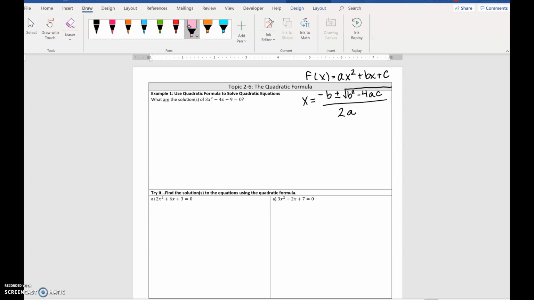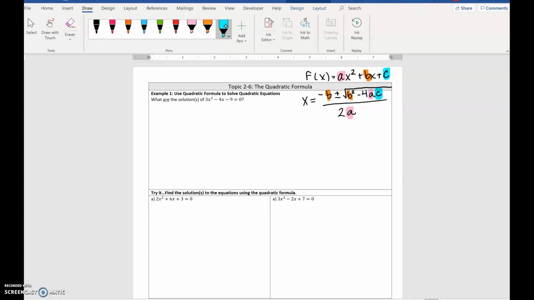So a, whatever your value is for a, you plug it in here and here. Whatever your b value is, you plug it in here and here. And then whatever your c value is, you plug in here. So really, what you're doing is plugging and then just solving it.